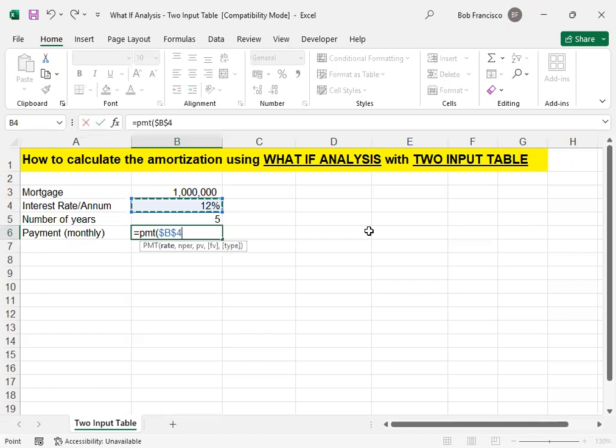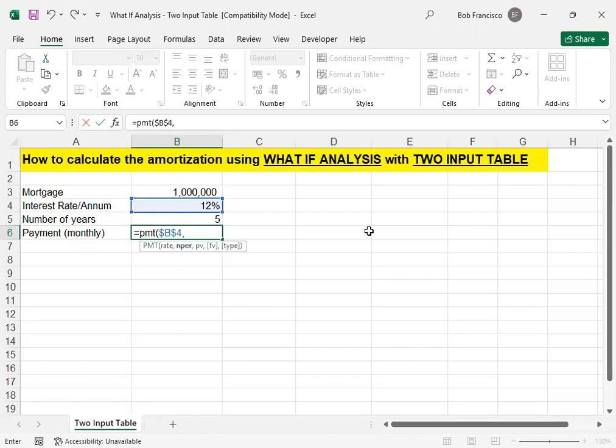So comma. Then the next thing that we're going to find out is the NPER, or the number of periods. So the number of years, which is the period or the terms that you and the bank are going to agree on as per your written mortgage.